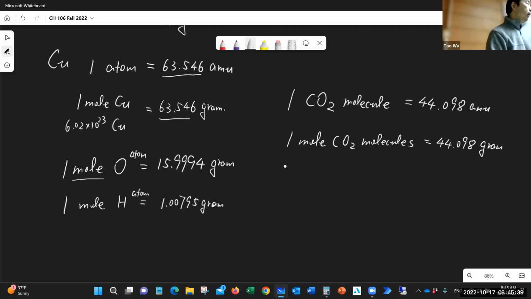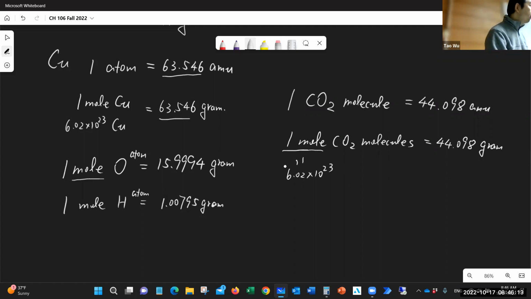Generally it's the same thing. And 1 mole of the CO2 molecules generally is equal to 6.02 times 10 to the 23rd. If we have 6.02 times 10 to the 23rd CO2 molecules, they get together and we weigh them, the mass of those molecules is equal to 44.098 gram.